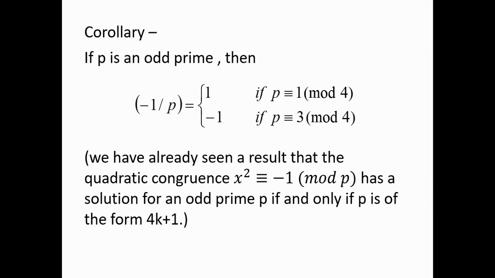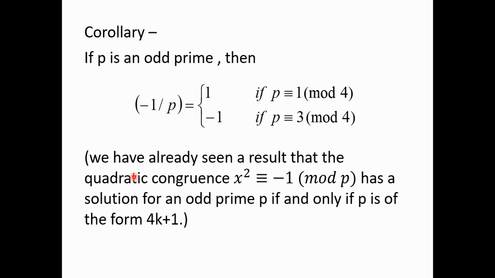Because we are talking about odd primes, it is either 4k plus 1 or 4k plus 3. So if it is 4k plus 1, that is congruent to 1 modulo 4, then this Legendre symbol (-1/p) has value 1. And if the prime is congruent to 3 modulo 4, then this symbol has value minus 1.